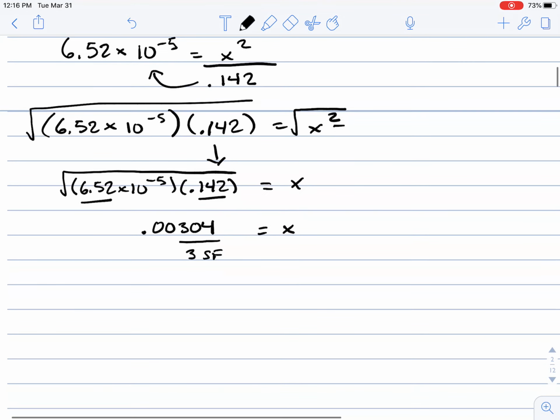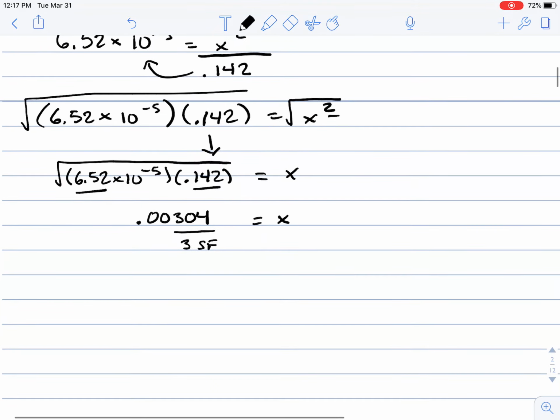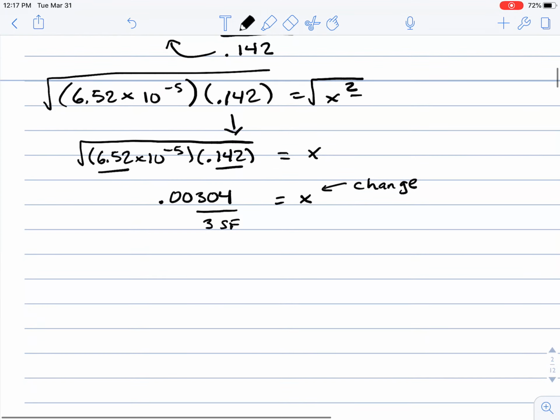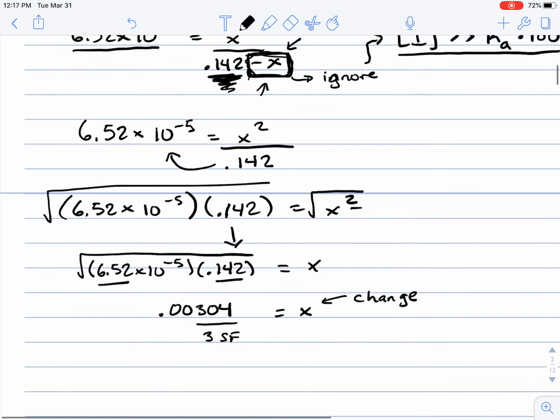We solved for x, but just solving for x doesn't mean that we've solved the entire problem completely. Remember that x just represents the change. And so what we're going to do is revisit our ICE table, and plug in that change into wherever we see x.